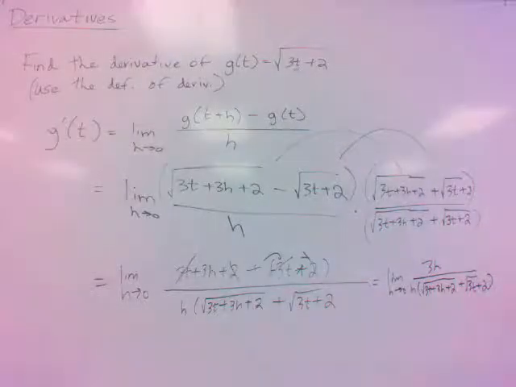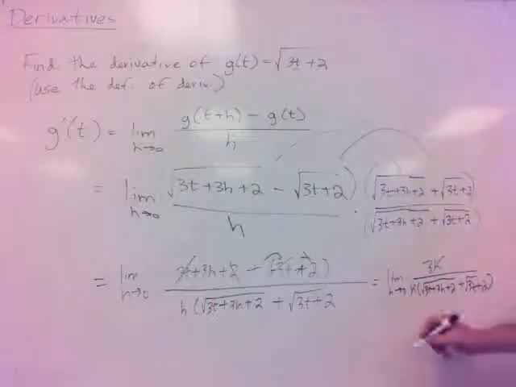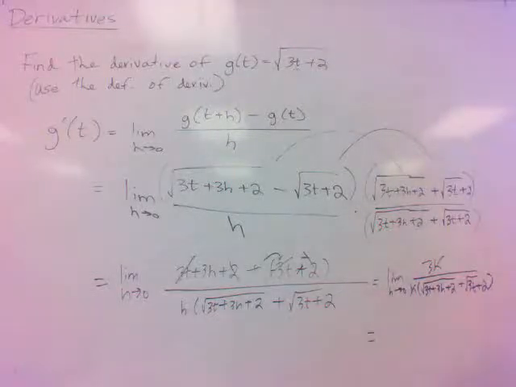But what happens then? The h's are going to cancel, which takes out the problem, doesn't it? Now h can go to 0. I can plug in h to be 0, can't I? Because the h in the bottom doesn't cause my denominator to go to 0 any longer.